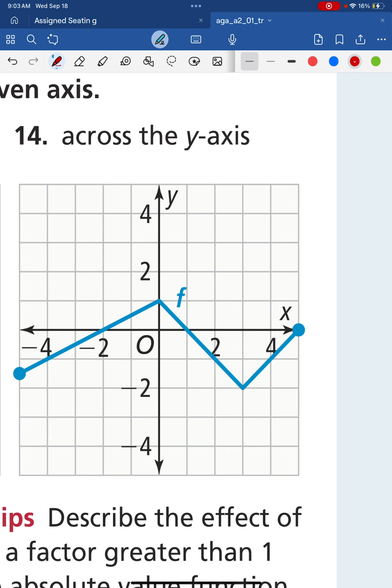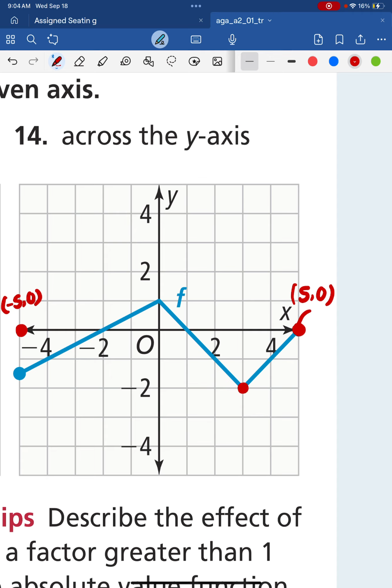Now, if I'm going across the y-axis, I'm going to make my x values negative. So this point right here is 5. When I reflect it across the y-axis, this 5 is going to become a negative 5. So I'm going to end up over here at negative 5, 0.